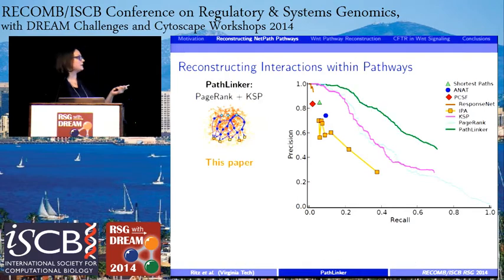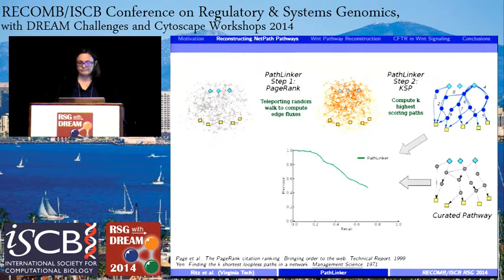So our algorithm, PathLinker, is simply performing a random walk on the network and then running a k-shortest path algorithm. And it's striking that we get almost a doubling of precision at large values of recall with this method. So a little bit of detail about PathLinker. The first step, again, is a teleporting random walk that computes node visitation probabilities.